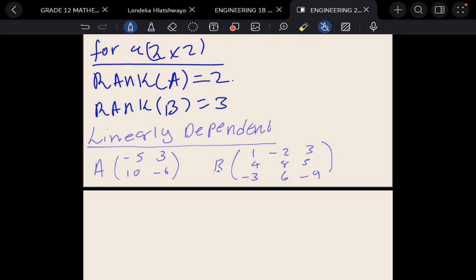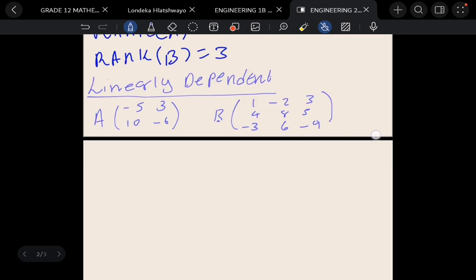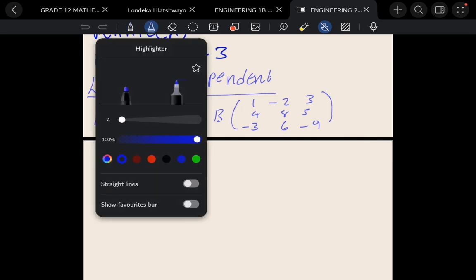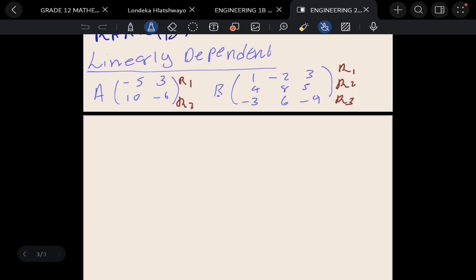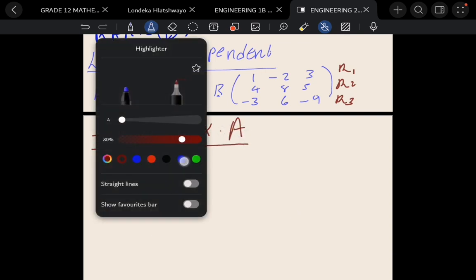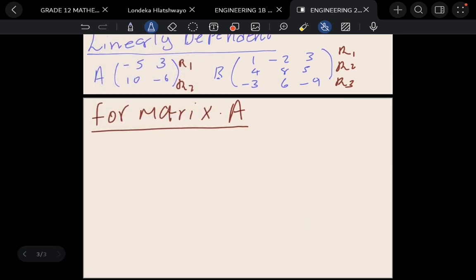Now, how can you spot that these rows are actually linearly dependent on one another? We have row 1, row 2, row 3. For matrix A, we deduce something very important.